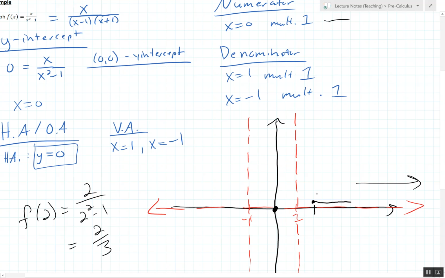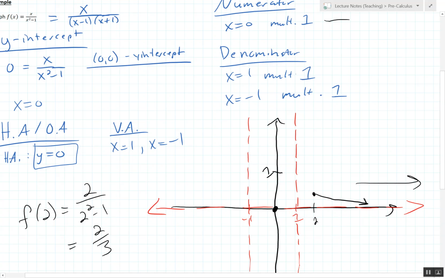So we know that we are going to approach the horizontal asymptote here but never reach it. So let's change our scale here for a little tick. This will still be 2, but let's make this 1 here, so I can draw this a little nicer. So 2/3 then would be right about here, and we'll draw it like this.